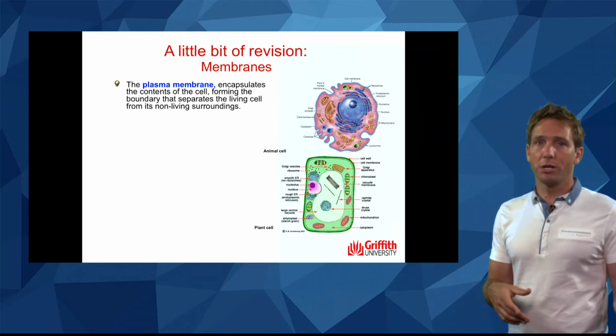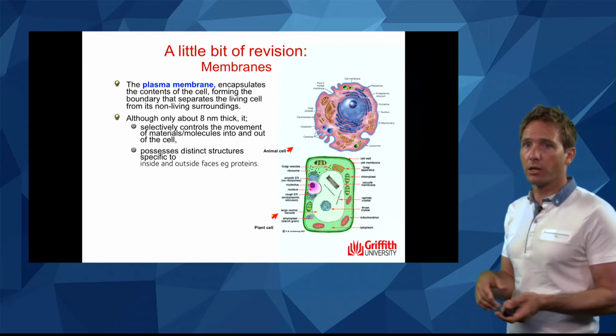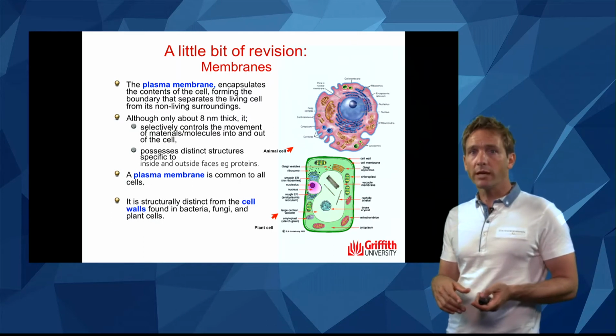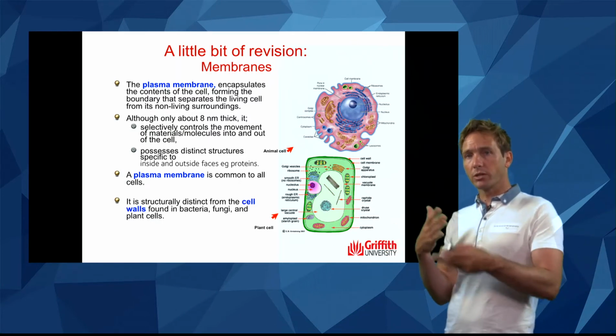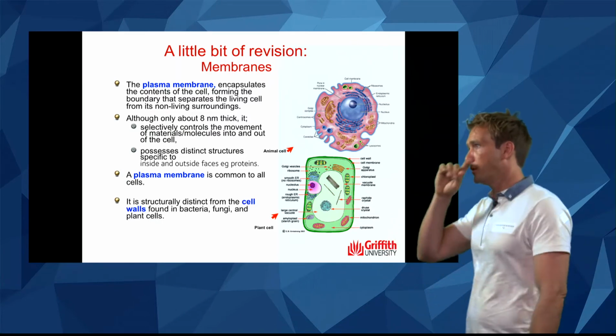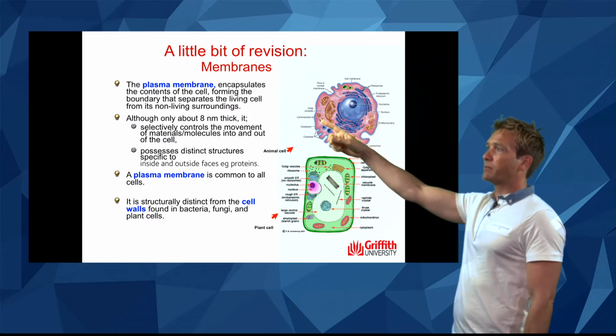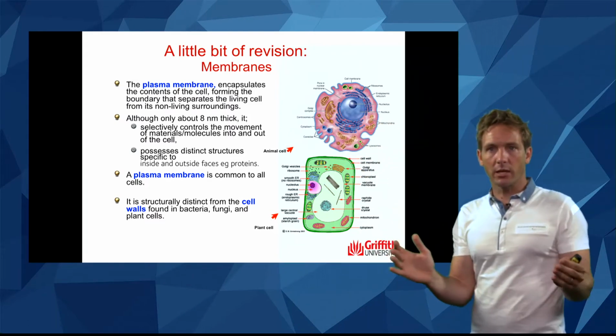Okay, a little smidgen of revision, because this is a repeat slide from the previous week, but I just want to go over it because this is important to what we're transitioning into. So we have these things called plasma membranes, and they are the skin of the cell.